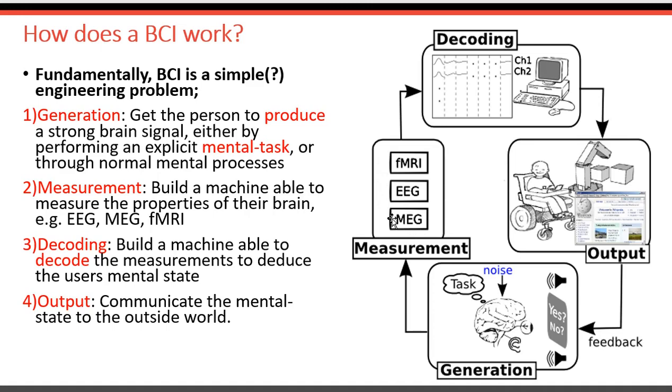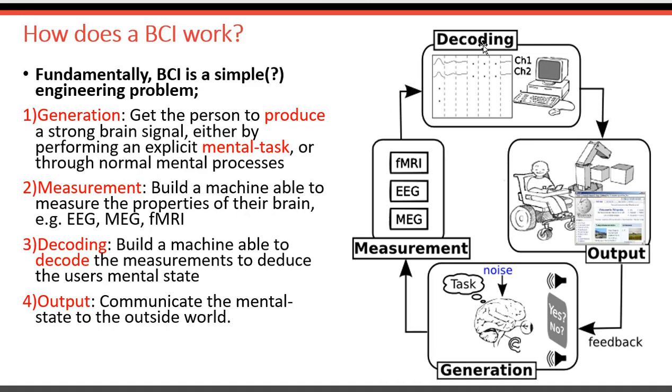There are different technologies that we can use for measuring brain activities: fMRI, functional magnetic resonance imaging, EEG, electroencephalography, or MEG, magnetoencephalography. There are some other imaging modalities that we can use to record brain activities, but these are just examples of three commonly used ones.